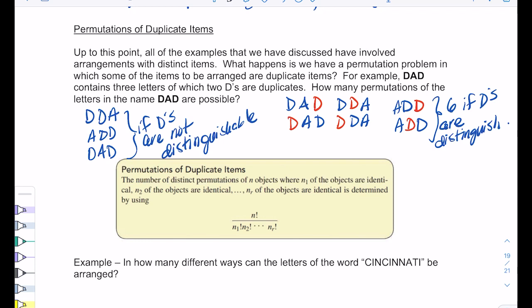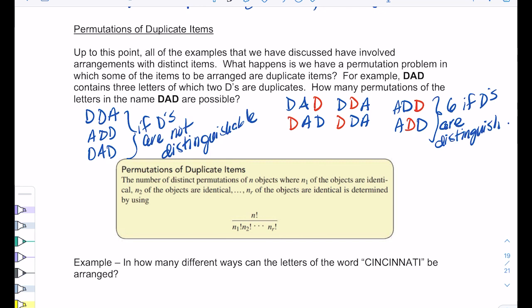The formula says the number of distinct permutations of n objects where n1 of the objects are identical and n2 of the objects are identical, and so on, is determined by using n factorial over n1 factorial times n2 factorial and so on.